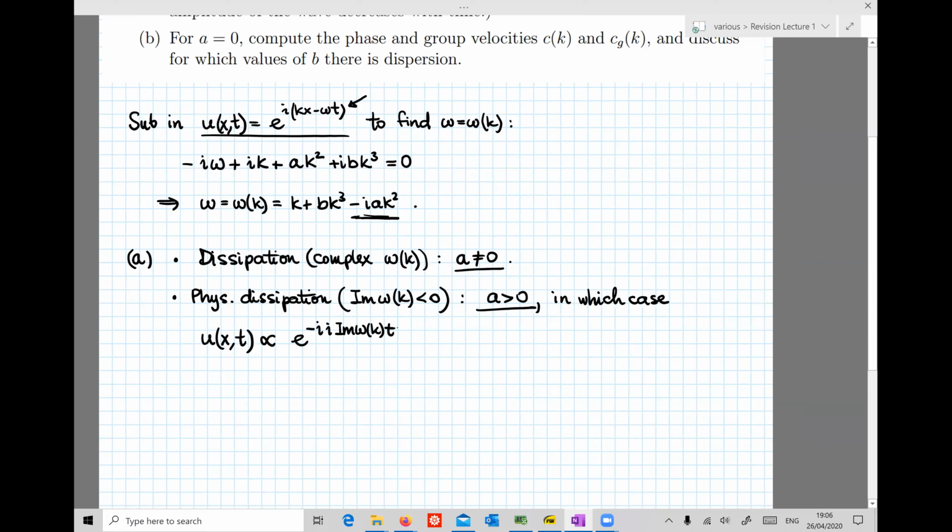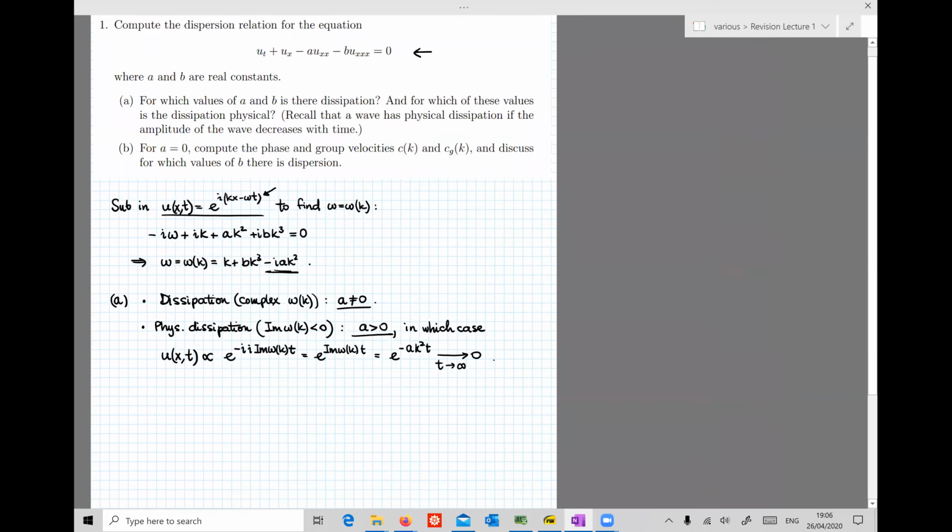So the time dependence of the amplitude is the exponential of the imaginary part of omega times t, which in our case is the exponential of minus a k squared t, which indeed goes to 0 as t goes to infinity, since a is positive and k squared is positive. So that answers part A of the question.